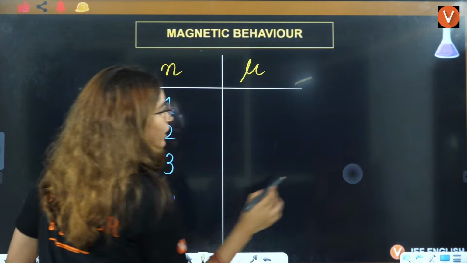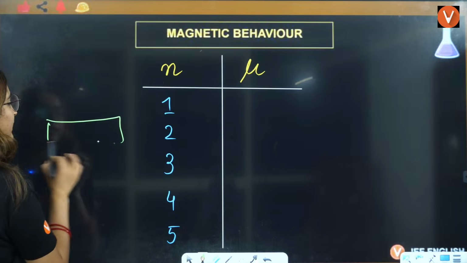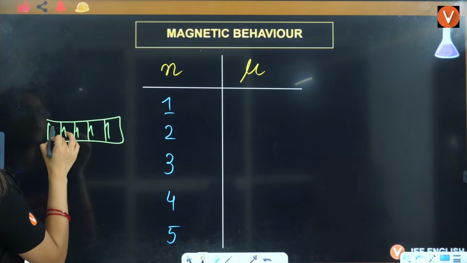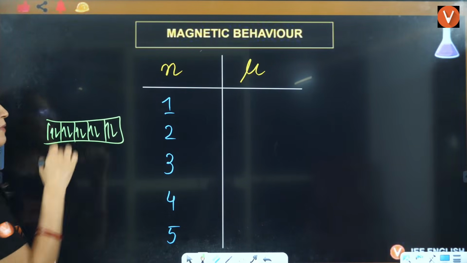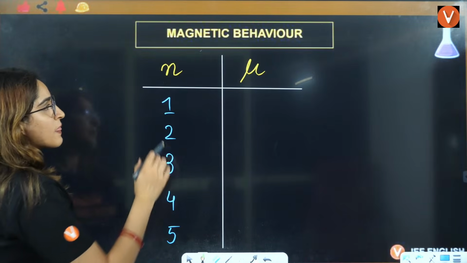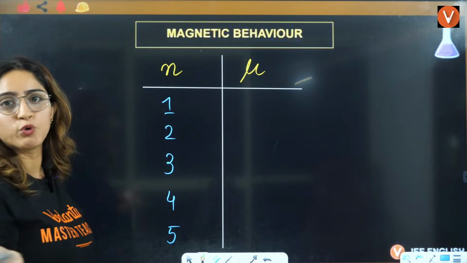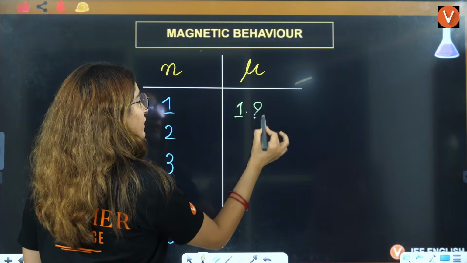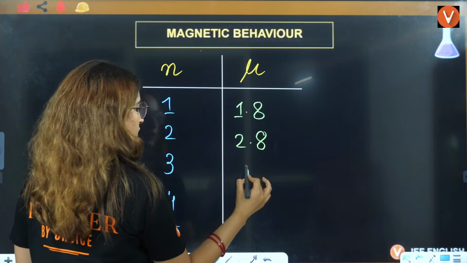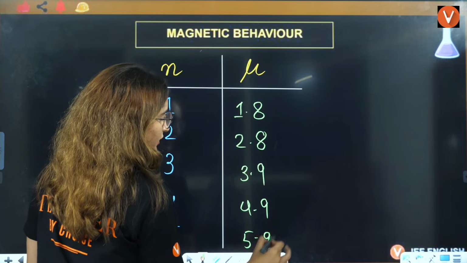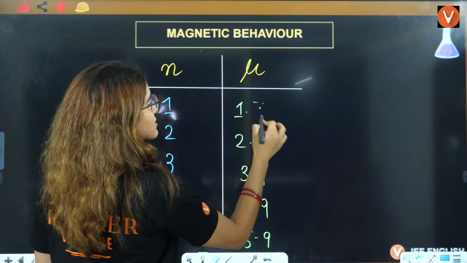In d you only have 5 orbitals, so 1, 2, 3, 4, 5, then it will be 6, 7, 8, 9, 10. So maximum 5 unpaired electrons are possible. Either you apply the formula root of n(n+2), or directly you say 1.7, 2.8, 3.9, 4.9, 5.9.